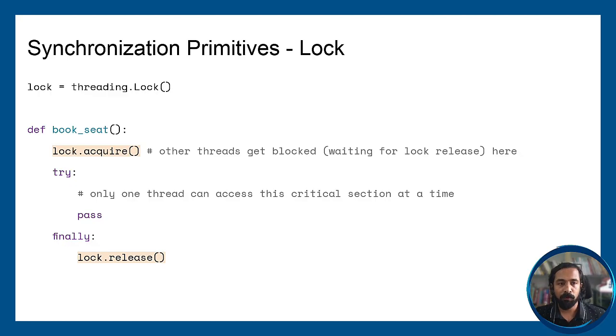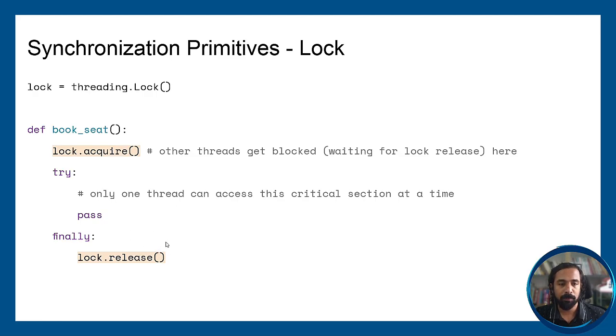So here is how we use lock. Initially, we will create a lock object by importing the Lock class from Python's threading module. Then whenever we want to mark a critical section which could be executed concurrently by only a single thread, we can acquire the lock, and once our critical operations are completed, we can call lock.release to release the lock.